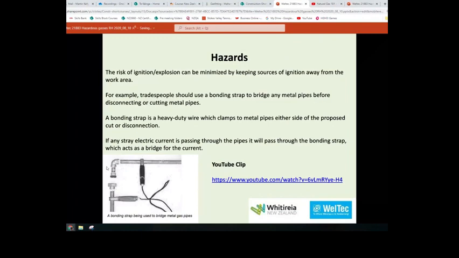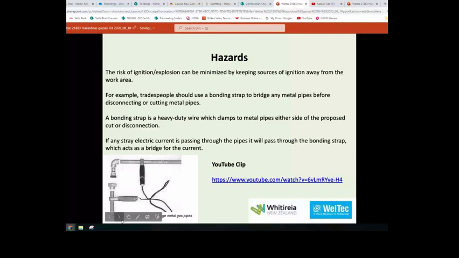Obviously, you'd have to reconnect it if you did let gas out and let that dissipate before you took the jumper cable off. Otherwise, you could create a spark as well. If you just pull the union apart, it could spark and then blow up in your face, or electrocute you, which is another risk.